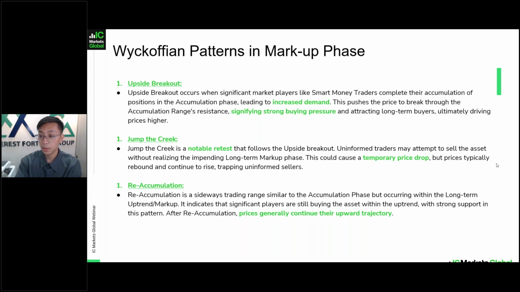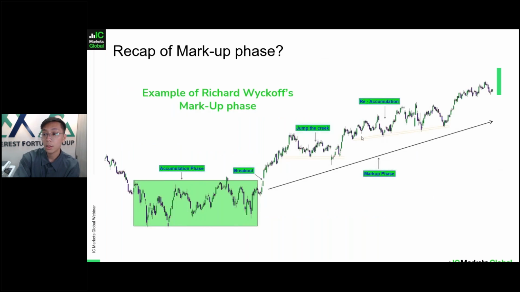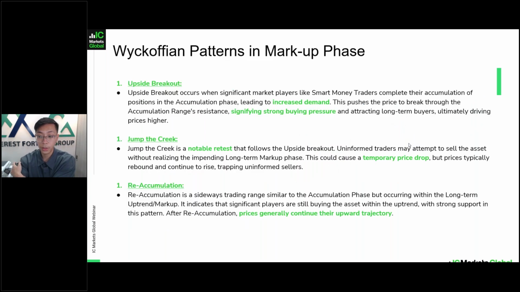It could be an ascending trendline support, or a strong demand key level right here. After reaccumulation, prices generally continue their upward trajectory until it starts reaching a distribution phase and then the sellers start to come in.